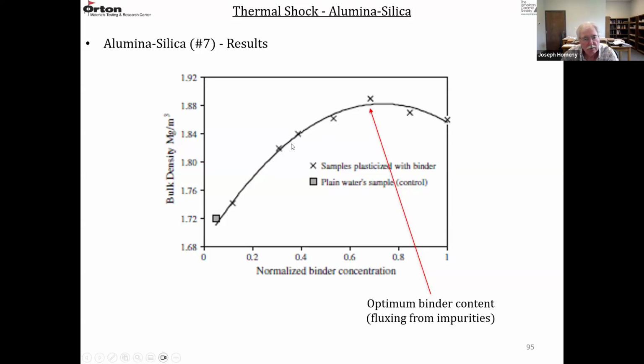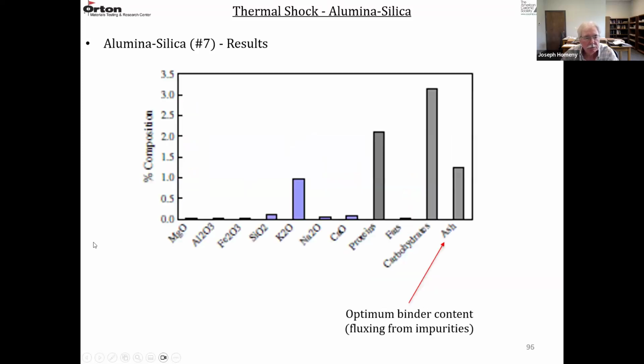So you can see the density increases with increasing binder content. It's a maximum at about 0.7. Then it starts to decrease because now you have too much binder present. So the optimum binder content is about roughly 0.7.